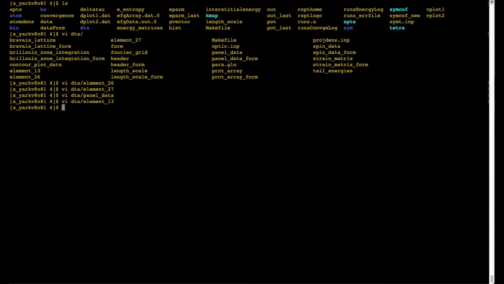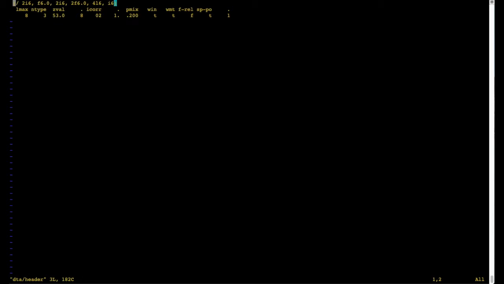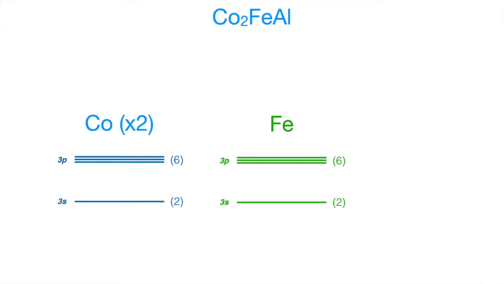What else? I now have to go to the header and make sure that I have the right number of valence electrons. We used to have 53 valence electrons, but we placed 3s and 3p states of both iron and cobalt into the core.